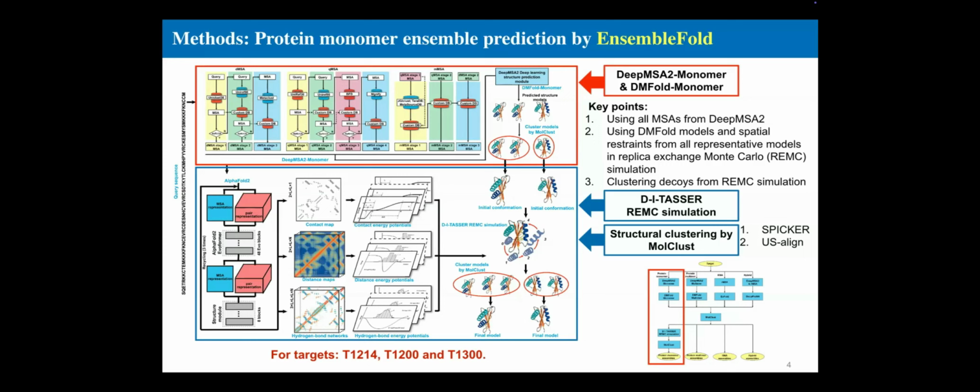Finally, after the simulation step, we will use a program called MMClass to cluster those decoys into different clusters, and the cluster center of each cluster will be selected as the final model, and we will assign each model a state.